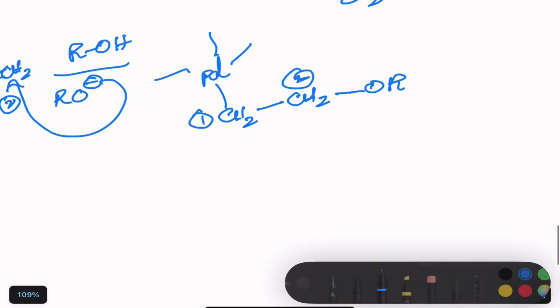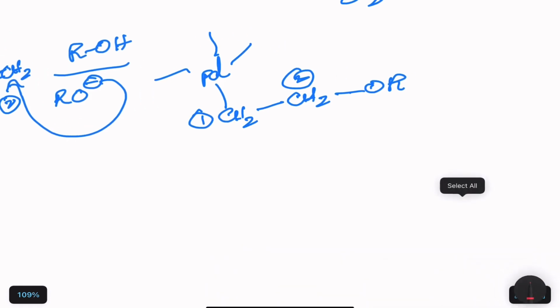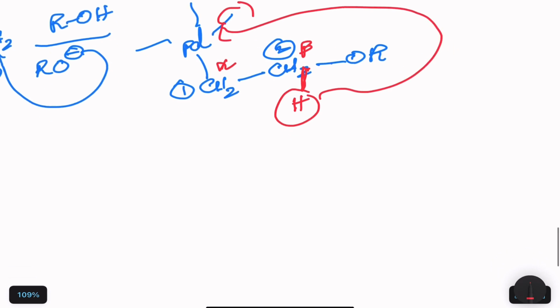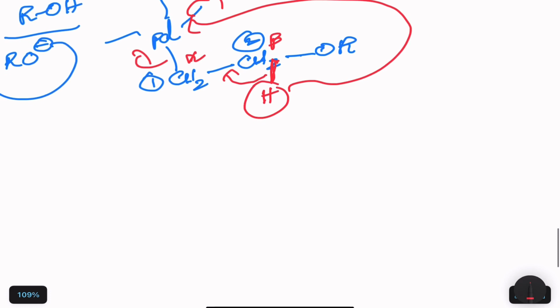Then what will we do in the next step? Here is one beta hydrogen. So this is alpha, this is beta. This beta hydrogen will go and attack this palladium and chlorine will be removed. Okay, and then what will happen? This electron will go here and this will go here. So palladium, hydrogen.